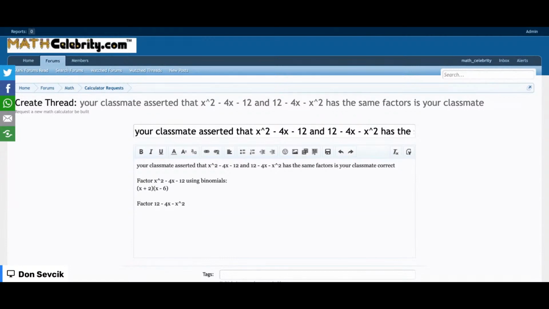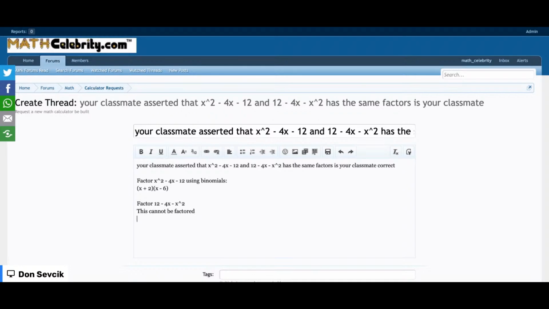Oh, you know what? Negative x squared minus 4x plus 12. I'm going to factor this thing. I'm trying to factor this thing. I don't think it factors. This cannot be factored.